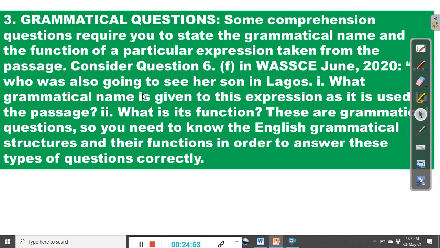Question I, what grammatical name is given to this expression as it is used in the passage? II, what is its function? You see, these are grammatical questions, so you need to know the English grammatical structures and their functions in order to answer these types of questions directly.